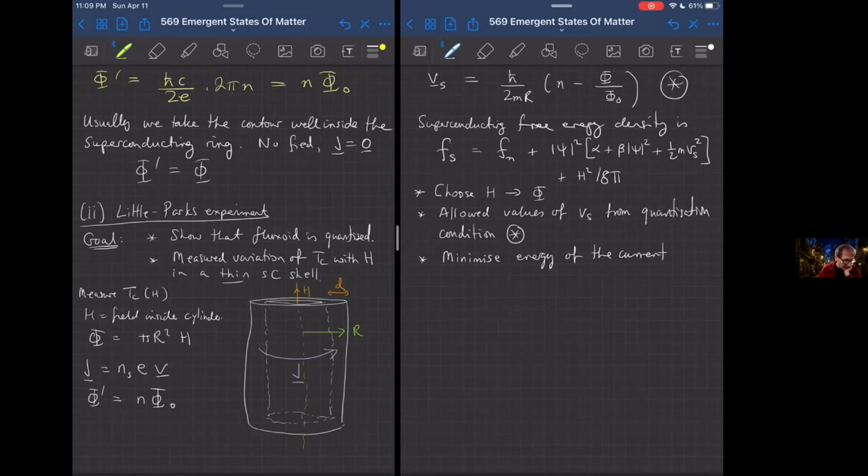So we're going to minimize the energy by choosing the value of n that minimizes Vs. And this is the subtle part. So this value of n has the lowest energy in the superconducting state.